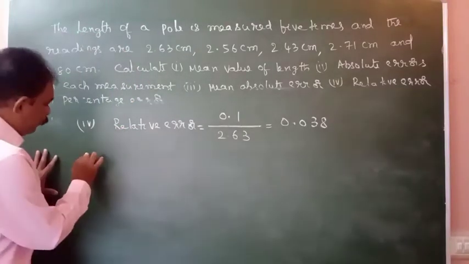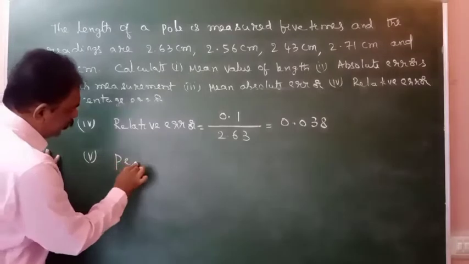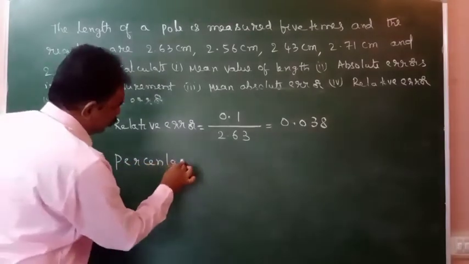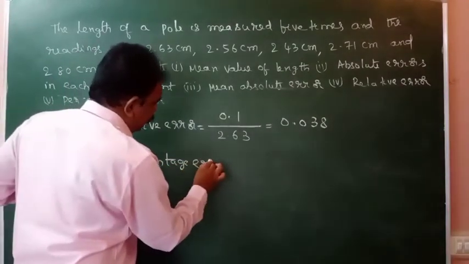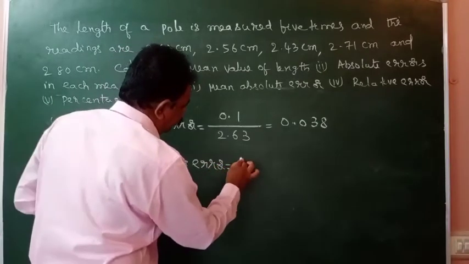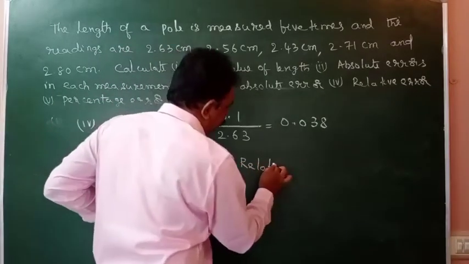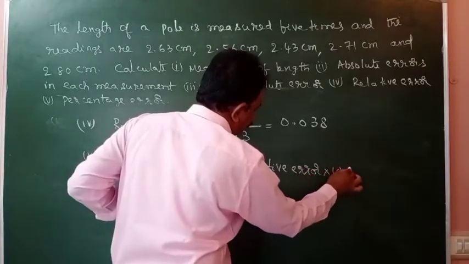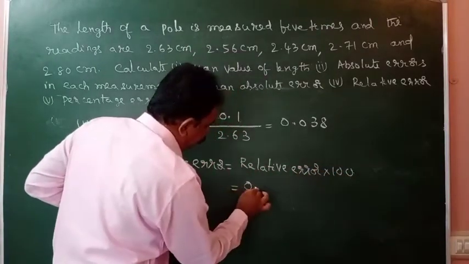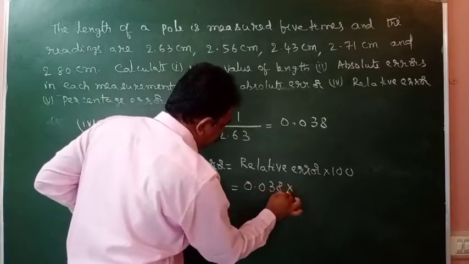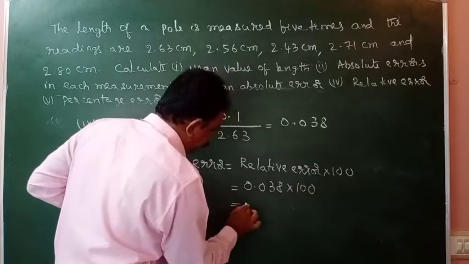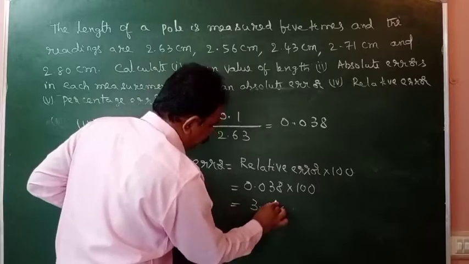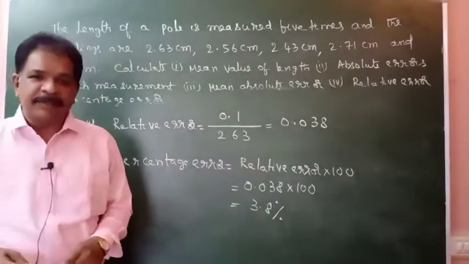Next, the fifth one will be percentage error. Percentage error is equal to relative error into 100. Relative error is 0.038 into 100. This value is 3.8%.